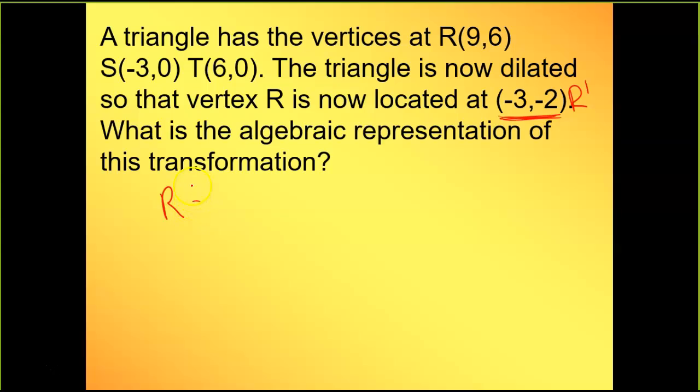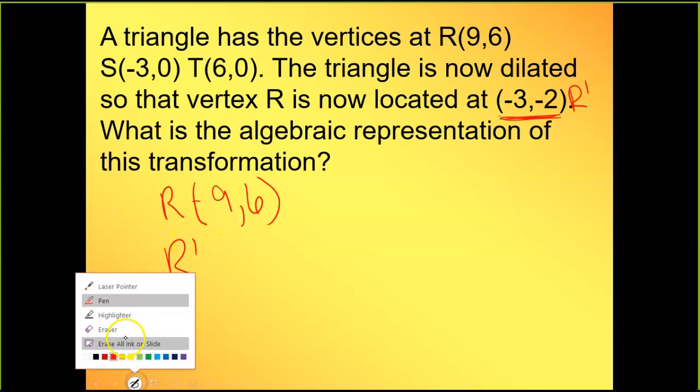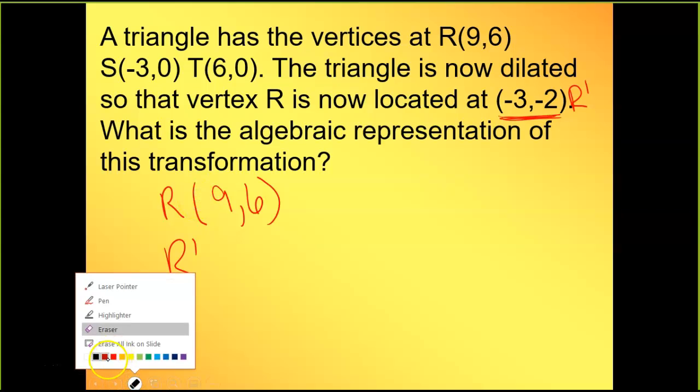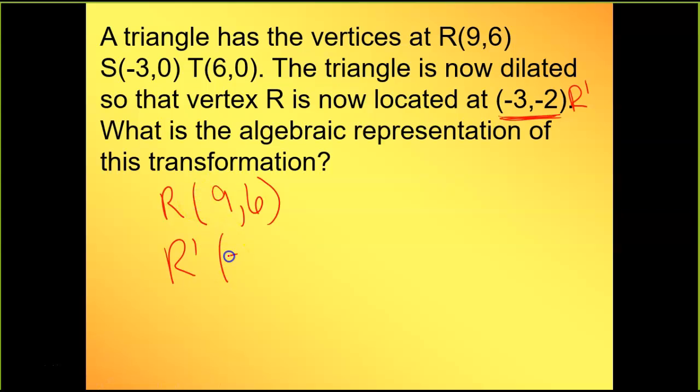So R was 9, 6. R prime is -3, -2. If I'm doing new over old, does it matter if I use x coordinates or y coordinates? No, as long as I use x's for both or y's for both.